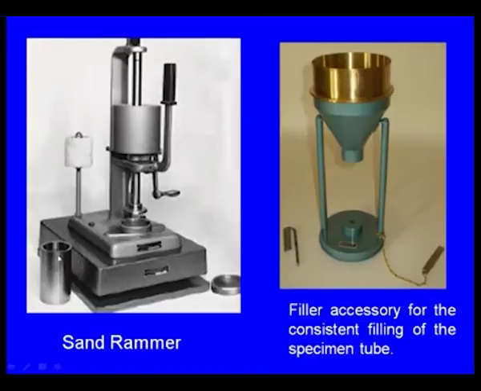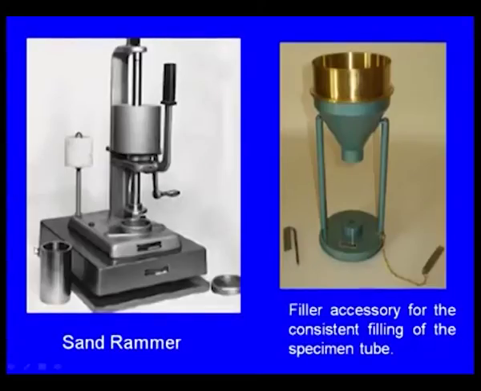Now we place this specimen tube here. This is the sand rammer. It has a hammer, and this is the hand spindle. We can rotate this spindle, and every time we rotate, the hammer goes up and suddenly falls. Again if we rotate, it goes up and suddenly falls.